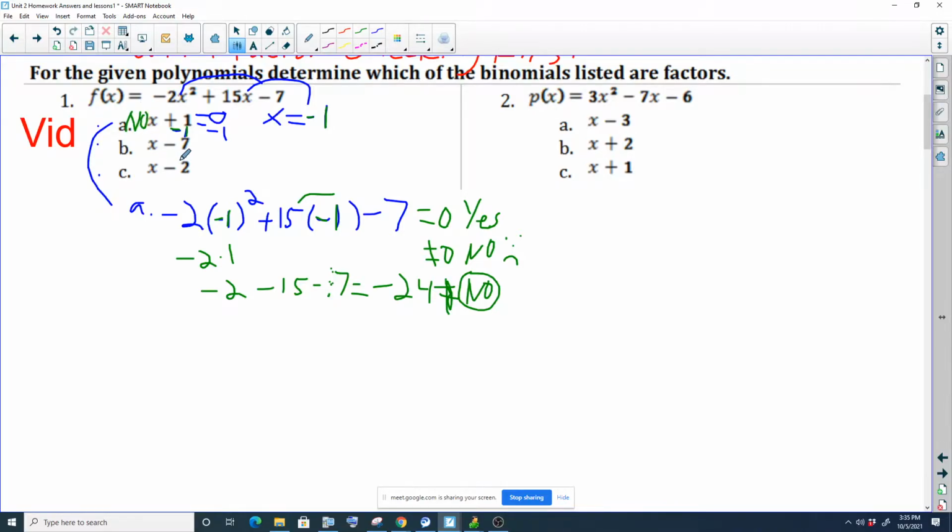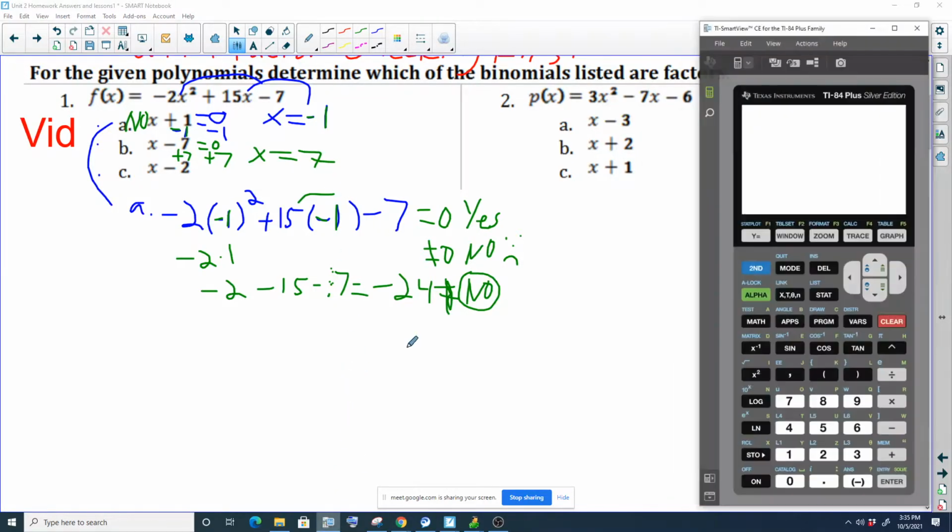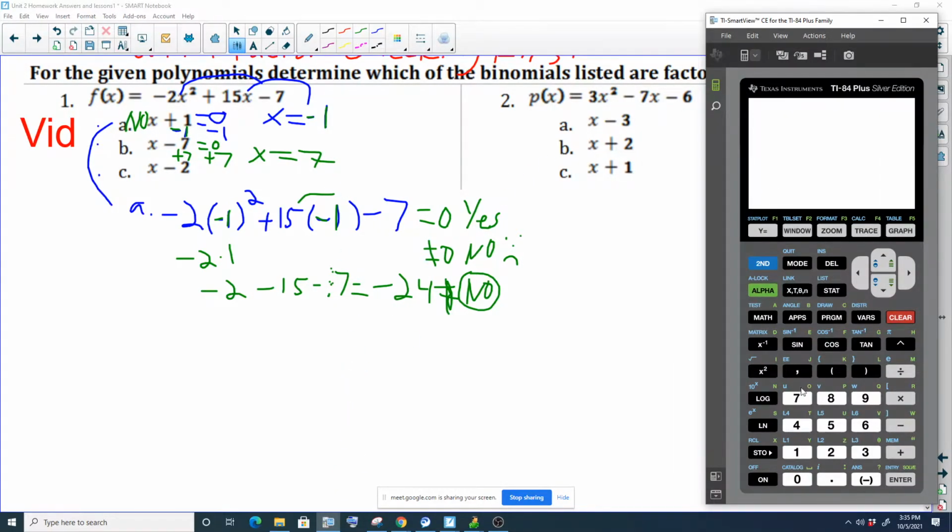So then you're supposed to do this next one. Set it equal to 0, add 7 to both sides. But this time we're going to plug it in using the calculator. Make sure you use lots of parentheses. So we do -2 times +7, all squared, plus 15 times +7, and then -7.